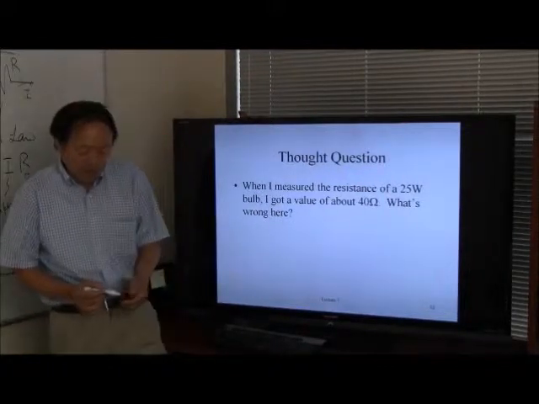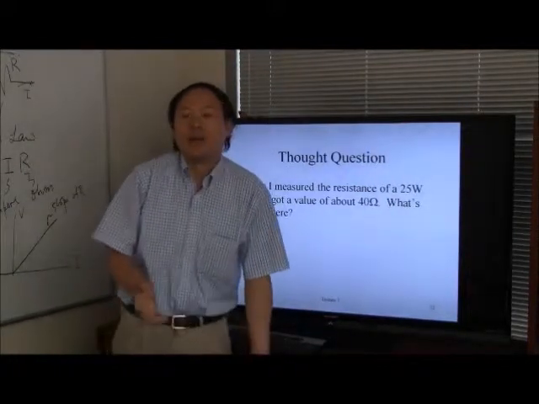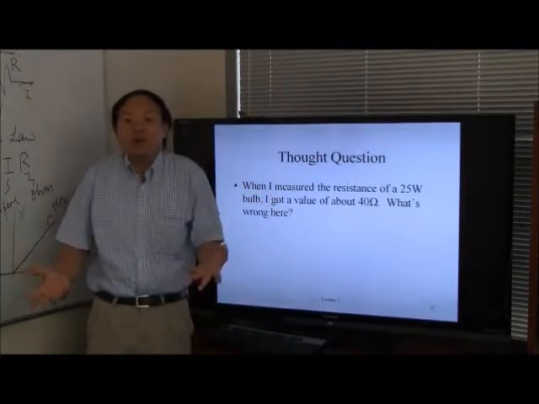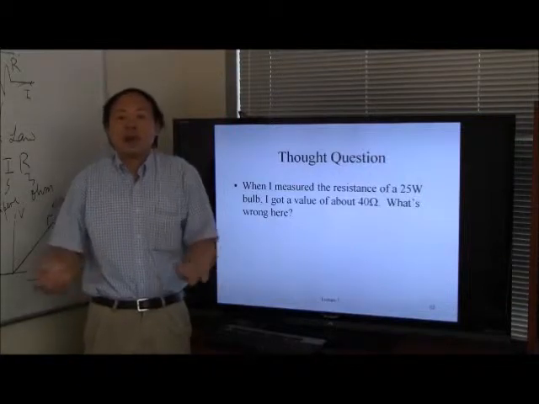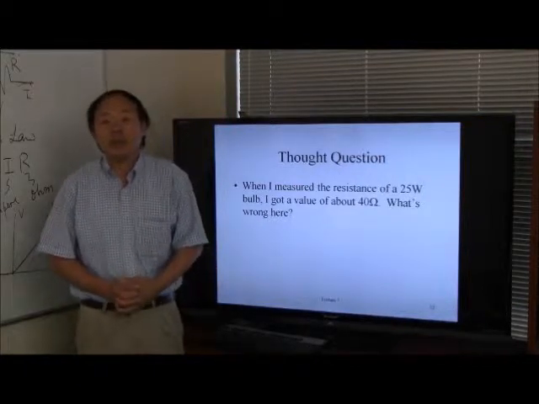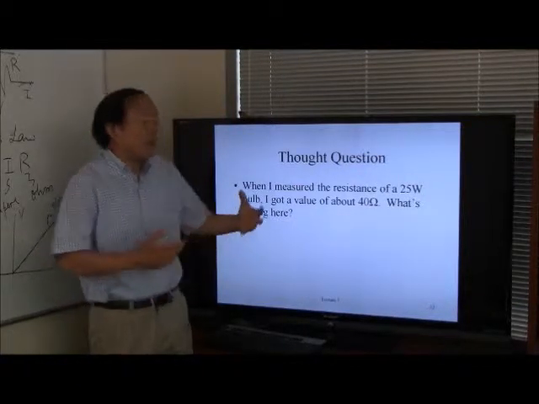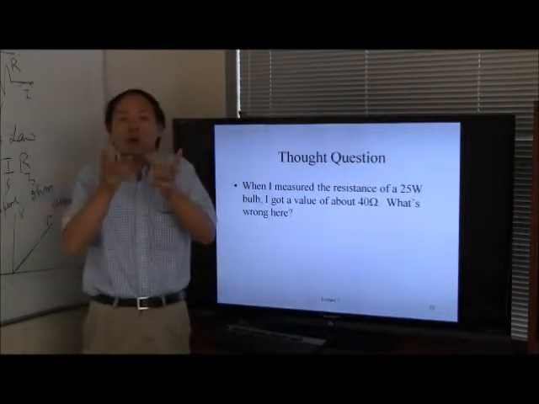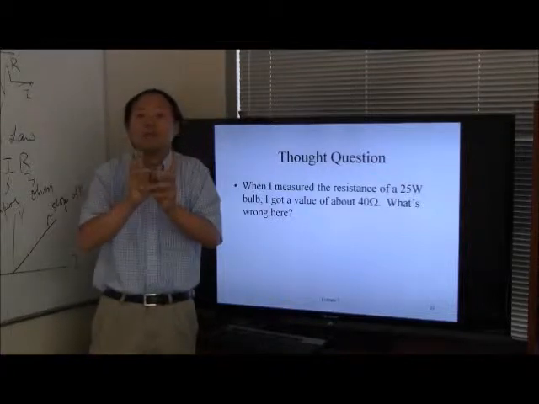What's wrong is that you're measuring the resistance when the light bulb is cold. When the light bulb is cold, the resistance turns out to be less. When I'm talking about a 25-watt light bulb, it is when the filament is heated up.